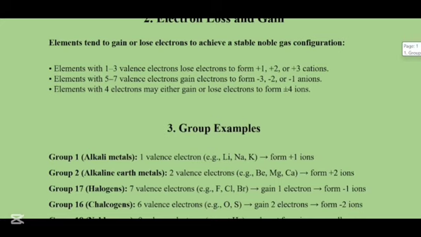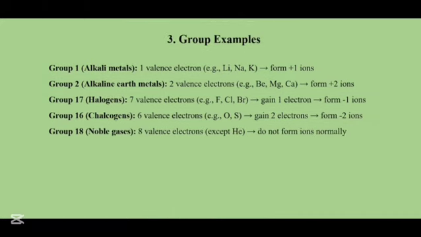Basically, in simple terms, when an element loses an electron, it has a positive sign and forms a cation, and when an element gains an electron, it has a negative sign and forms an anion.